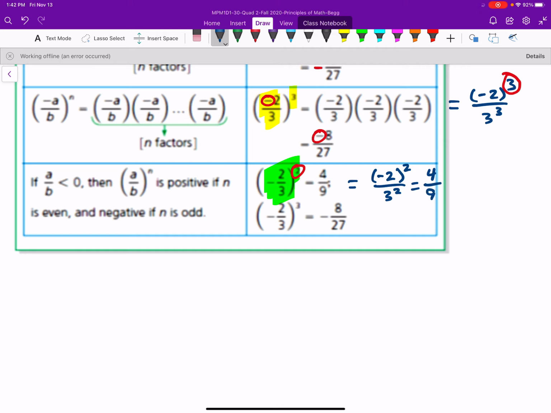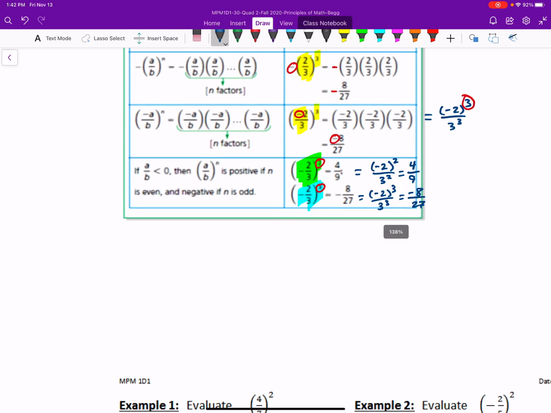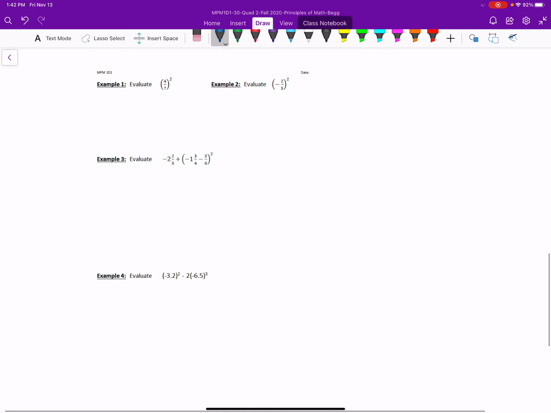Whereas the one below it, we've got an odd exponent. So that's going to be the same as negative 2 to the exponent 3 over 3 to the exponent 3. And negative 2 times negative 2 times negative 2 gives us negative 8 over 27. The bottom's always going to be positive. Another reason to try and make sure that we keep our negative signs on the top.